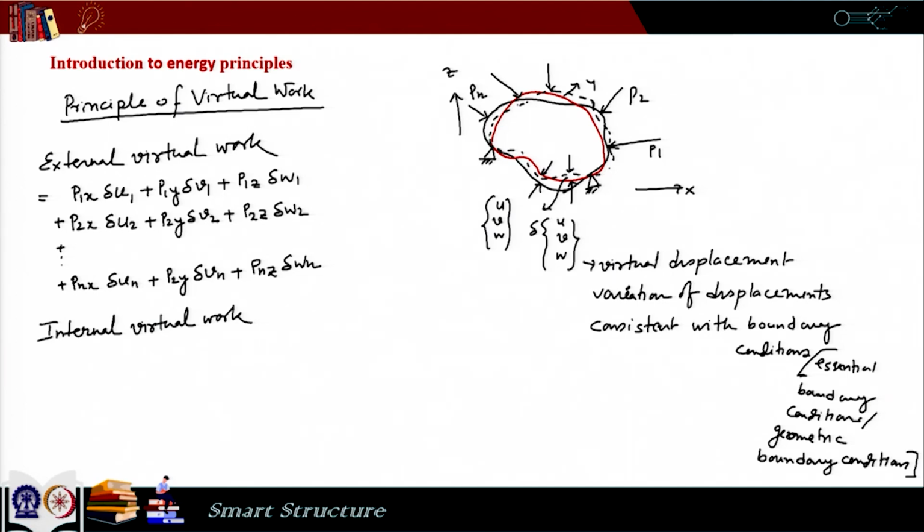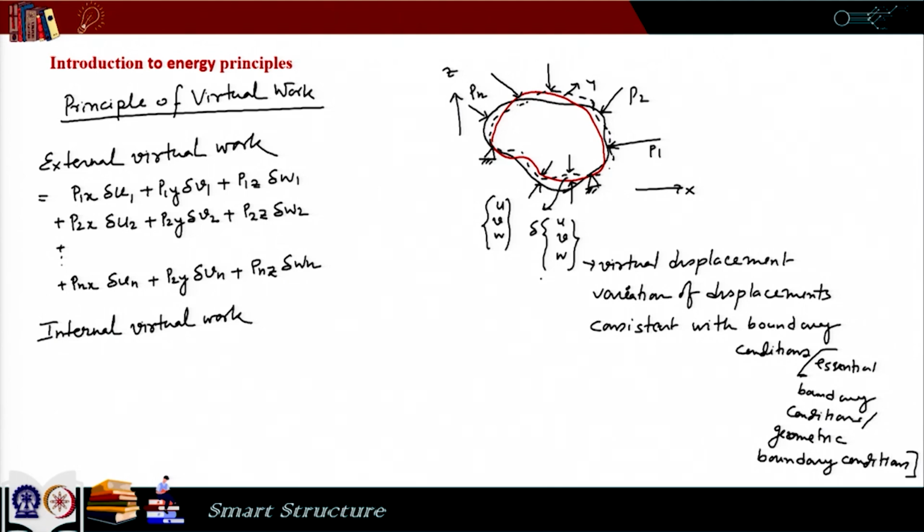Suppose that under this deformed configuration, the red line, the stresses are sigma, and when it goes from this red line to this dotted black line, which means during this virtual displacement, it gets additional strains, which are the virtual strains, and let us denote them as delta of epsilon.